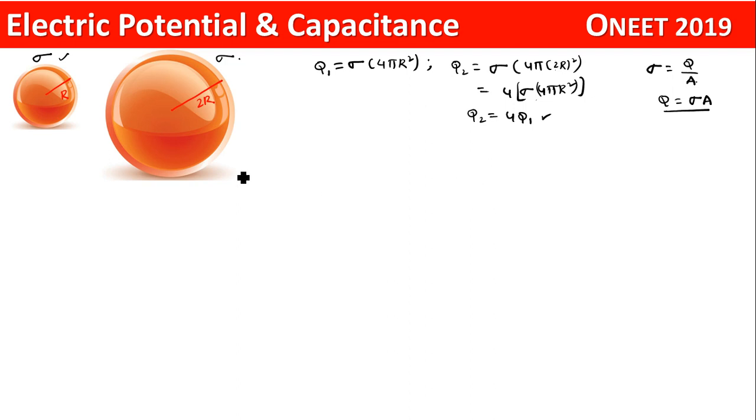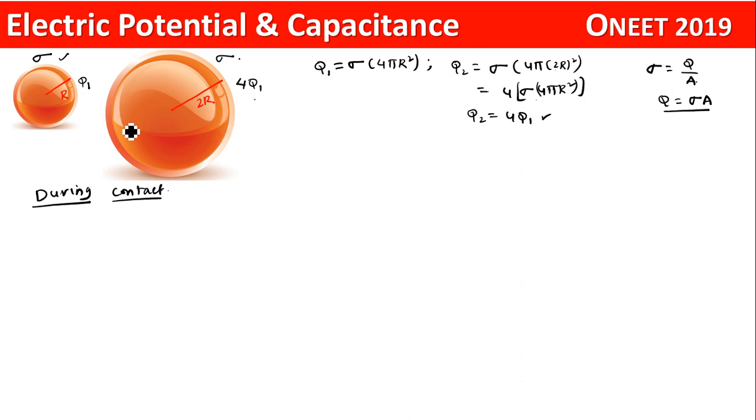This is the case before they are in contact. Now let us bring them into contact. The charge on the second sphere is 4 times that of Q1, so it is more.